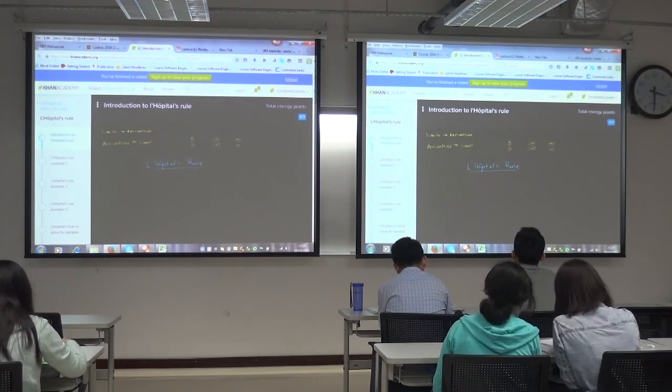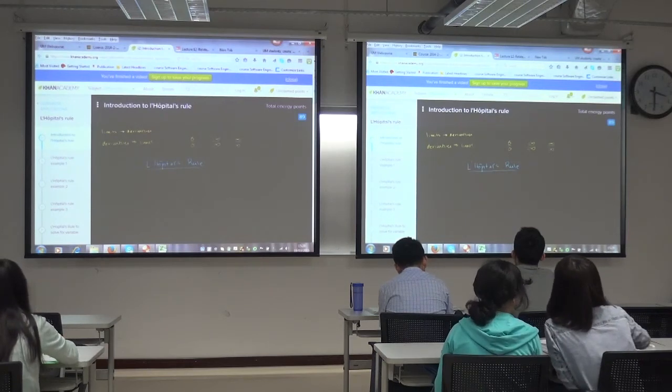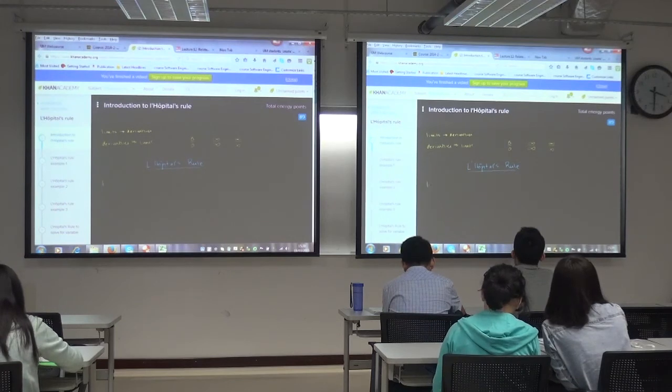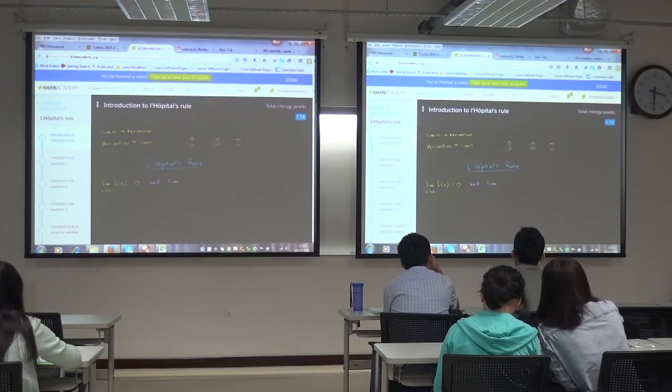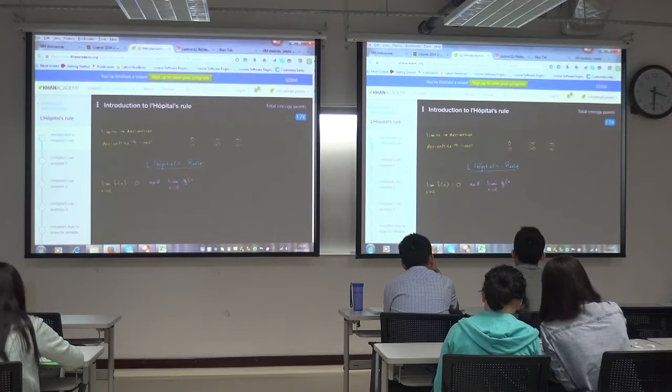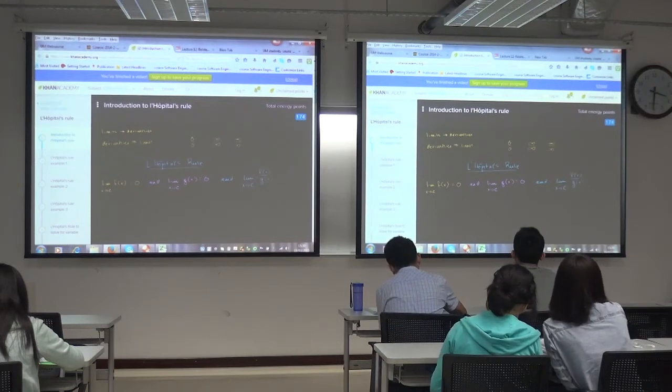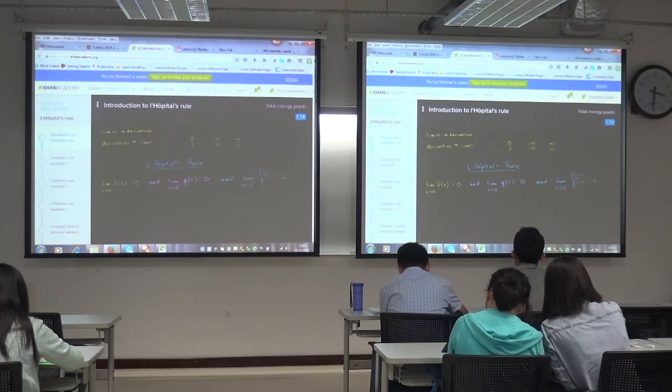So L'Hopital's rule tells us that, and I'll do it in abstract form first, but I think when I show you the example, it'll all be made clear, if the limit as x approaches c of f of x is equal to 0, and the limit as x approaches c of g of x is equal to 0, and the limit as x approaches c of f prime of x over g prime of x exists and it equals L, then all of these conditions have to be met.